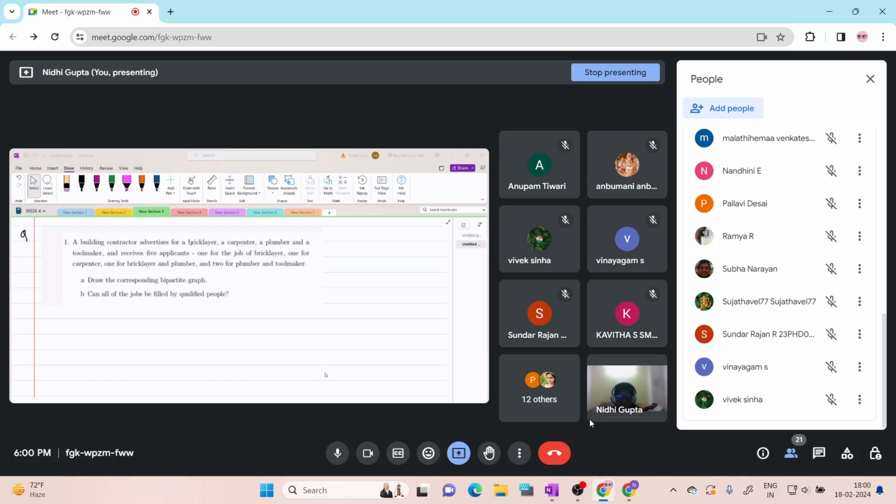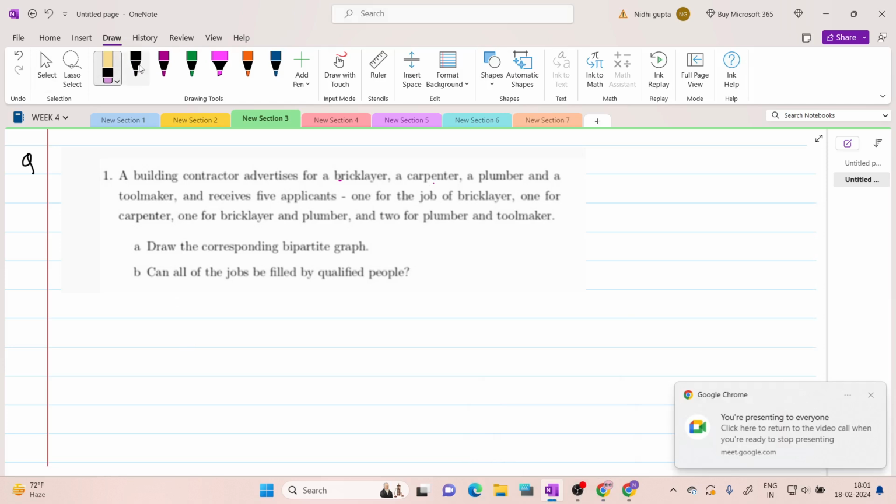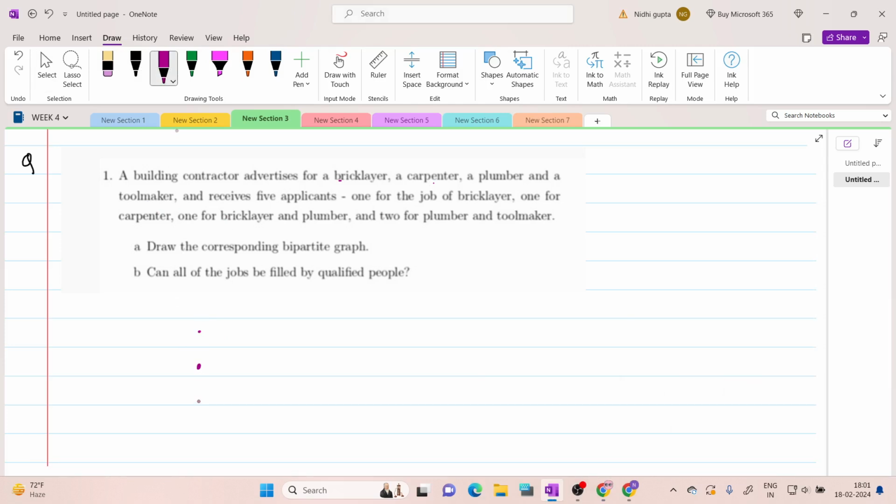Yes, good. So he's saying applicants on one side, and there are 5 applicants, so A will have 5 elements. And how many jobs are there? One, two, three, four.